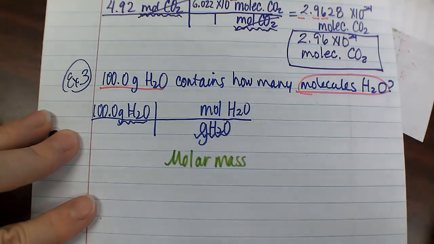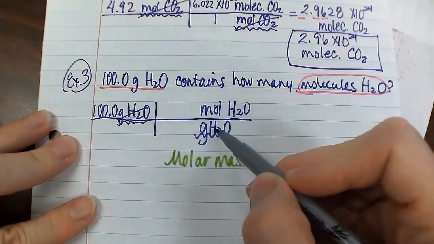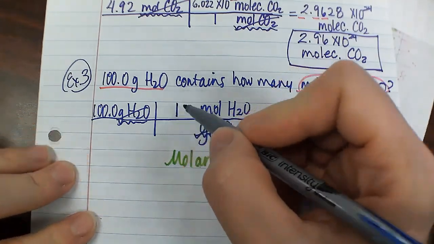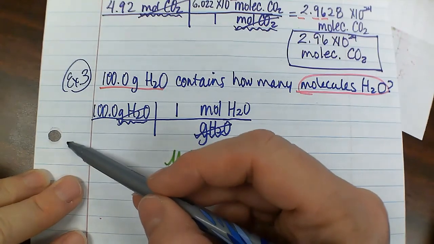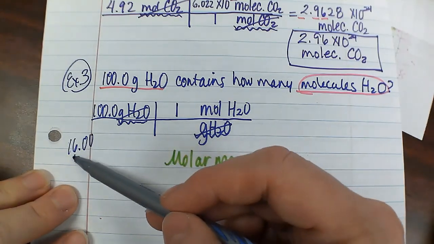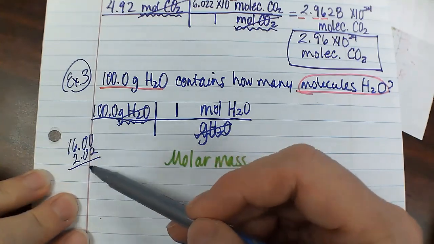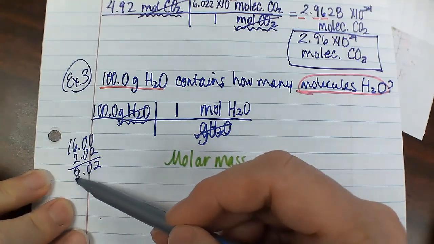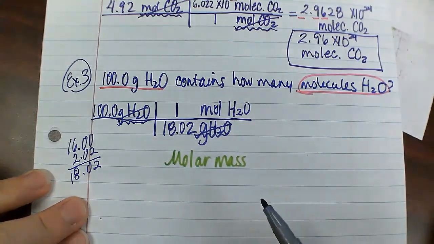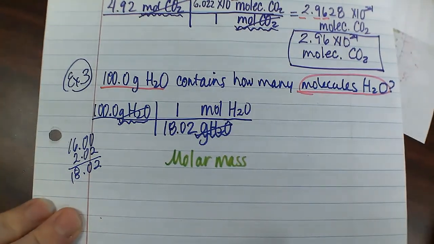So I'm figuring out where my labels go based on what I need to go away. Looking at the periodic table, I've got 1 oxygen, which is 16.00, 2 hydrogens. So the molar mass of water is 18.02.